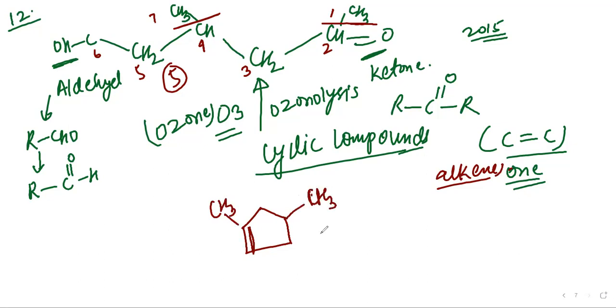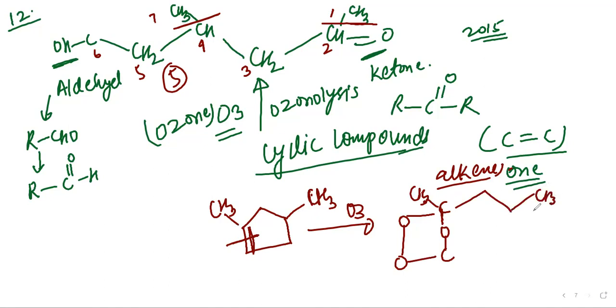So when it reacts with O3, how will it happen? I will explain it. This O will be inserted between these carbons and one O will be there. So it will look like C, O, C. Here one O, here one O. Here CH3.